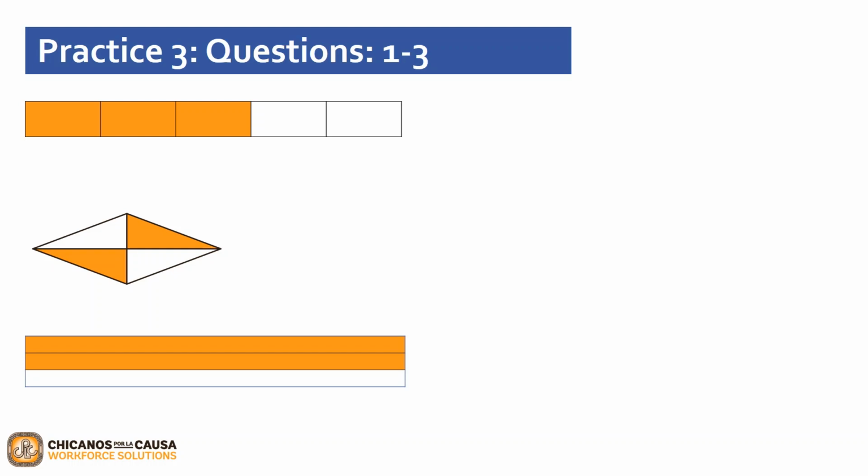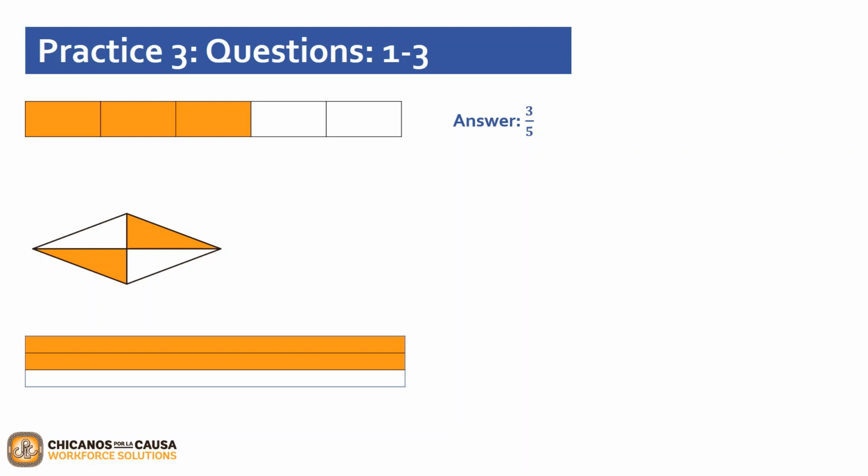We can see from this figure that 3 of these 5 sections are shaded. Therefore, to turn this into a proper fraction, which as a reminder is when the numerator is smaller than the denominator, this would give us a final answer of 3/5. This means that 3/5 of this particular figure are shaded.